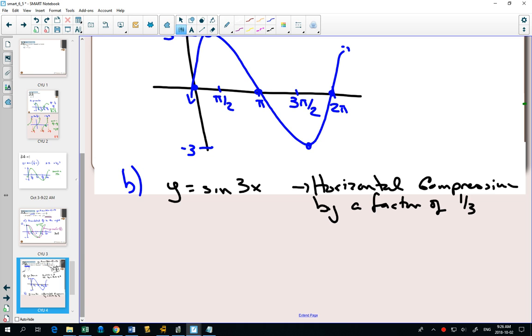That's the description from our transformations unit. Our description from this unit is we can use the B value to figure out our period, and our period will now equal 2 pi divided by our B value, which is 2 pi over 3.